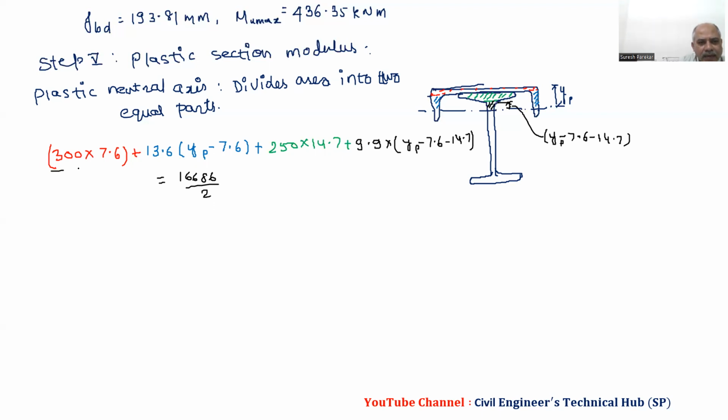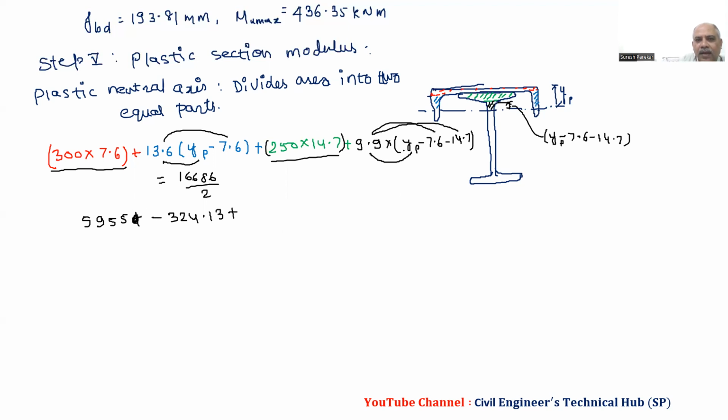We have the area which is independent of YP, so these two areas give 5955, and then the minus terms, these areas we have 324.13, so this will be minus 324.13, plus this 13.6 YP plus 9.9 YP, so we have this as 23.5 YP, that is equal to 8343.